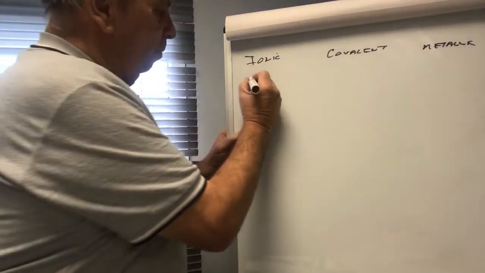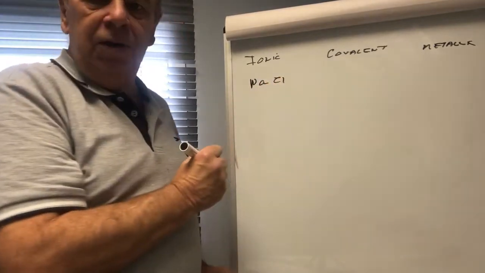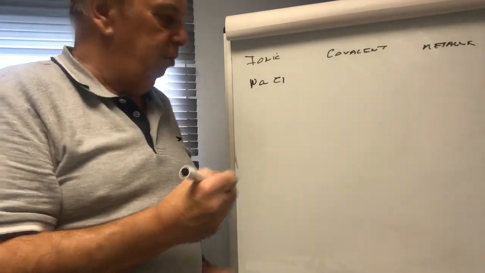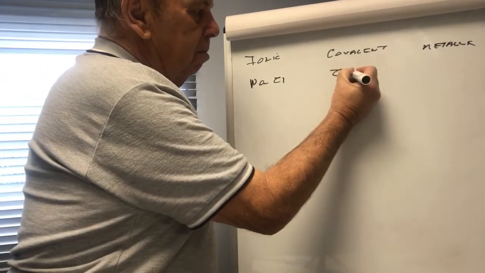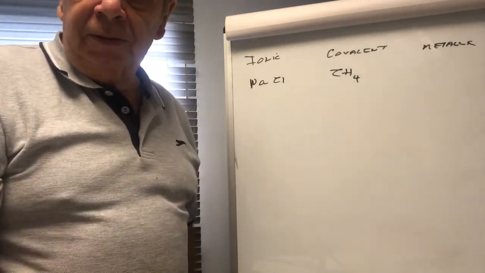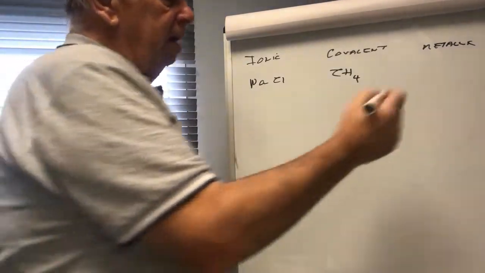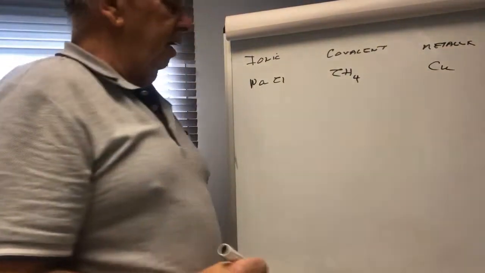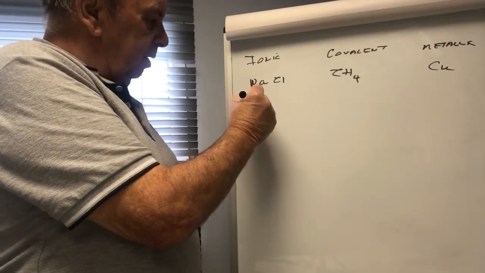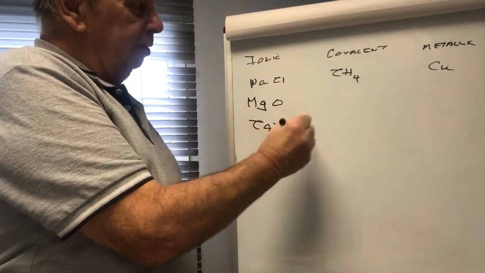Simple example: sodium reacts with chlorine to form sodium chloride. Carbon can be made to react with hydrogen to form methane, an alkane gas obtained from fractional distillation of black gold, Texas tea, oil. And metallic bonding is found in copper. Other examples: magnesium oxide, calcium chloride.